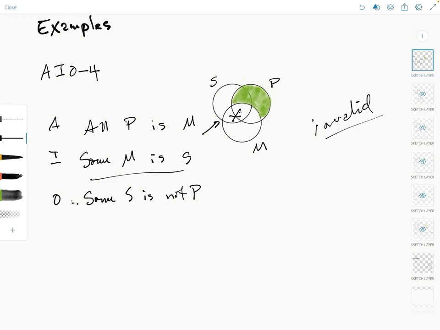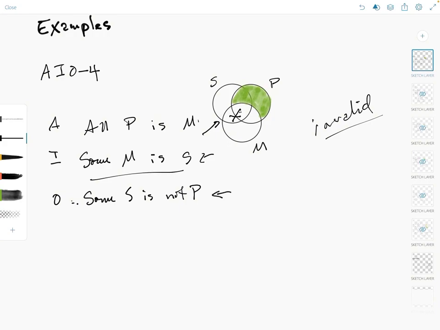Now, what about fallacies? Well, I hope you've noticed that we don't have an existential fallacy because we have a particular premise as the minor, so we can't have an existential fallacy. What about a violation of the negation rule? Are there negations in the syllogism? Yes.